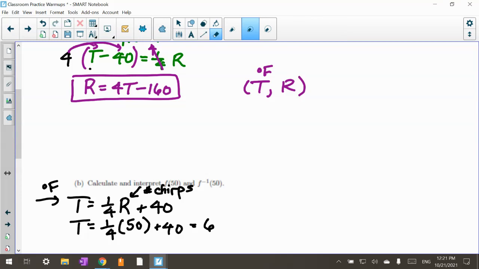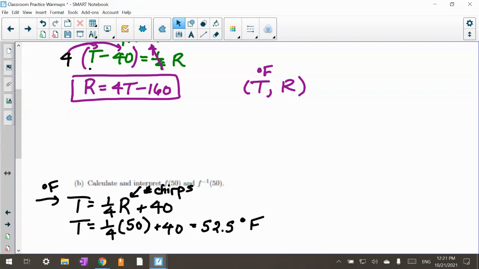Sorry about that. 52.5 degrees Fahrenheit. Okay, so when I plug in 50 chirps, I get the temperature, which is 52.5 degrees Fahrenheit when there's 50 chirps, okay?